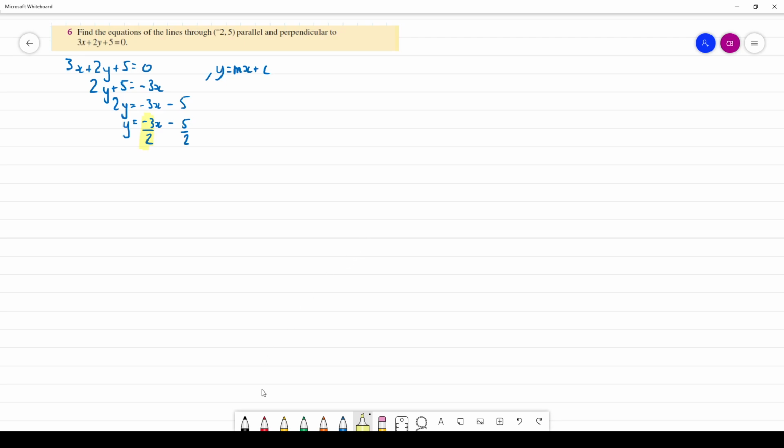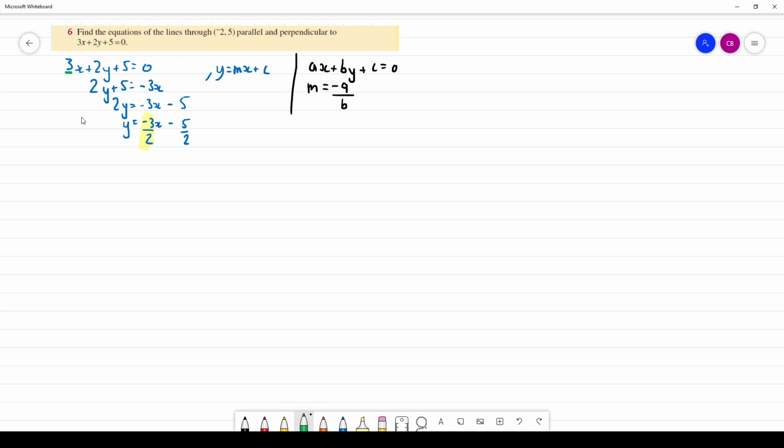Now, just as a little aside, if you have an equation in this form, ax + by + c = 0, your gradient will equal negative a over b. So the coefficient of x, made negative, divided by the coefficient of y. Let's just quickly confirm that.